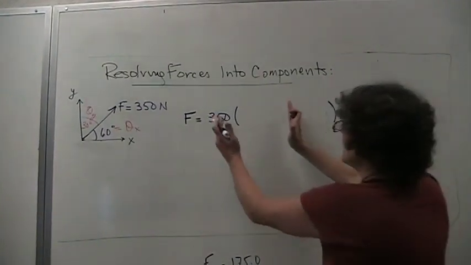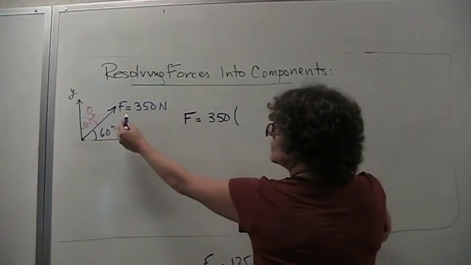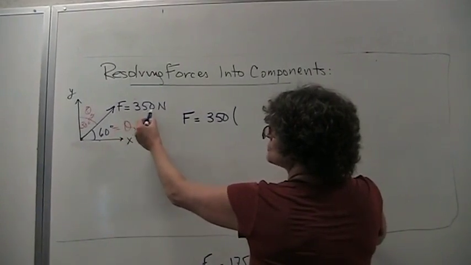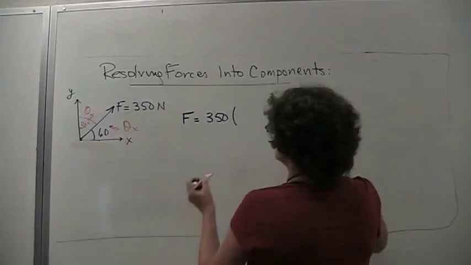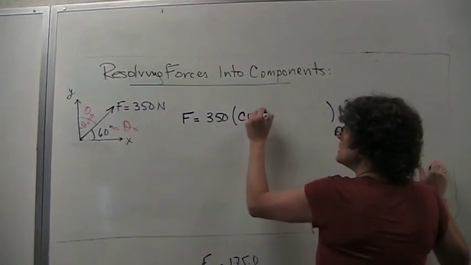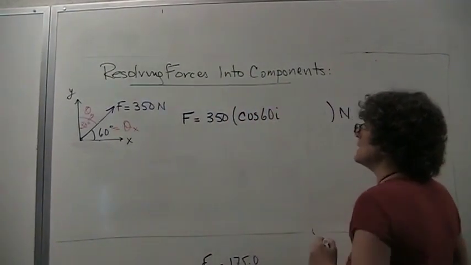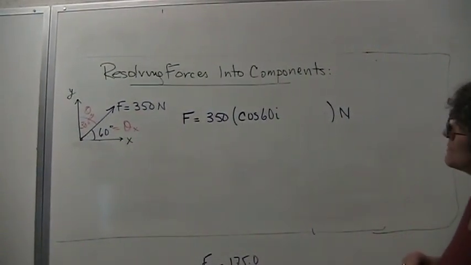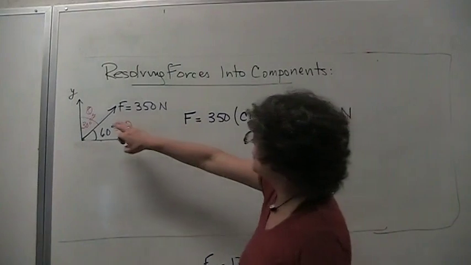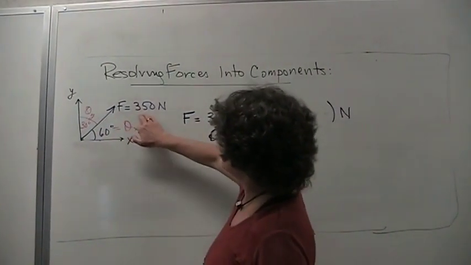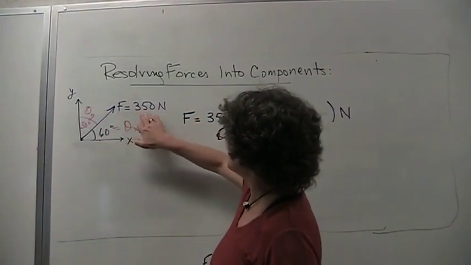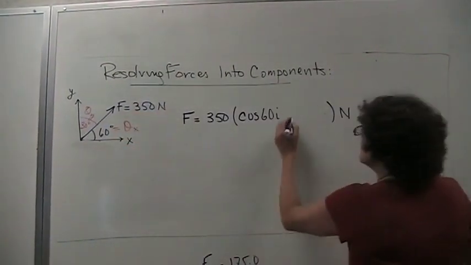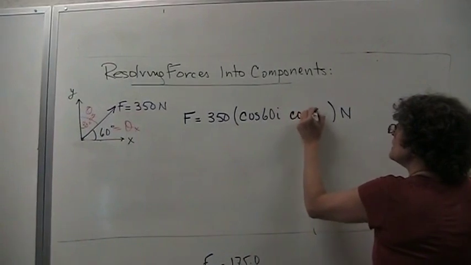And now I'm going to look at what is the x value. You're going to tell me that the x value of this force is 350 newtons times the cosine of 60 degrees. So I'm going to put the cosine of 60 degrees here, and I'm going to put i. Remember, i represents the vector in the x direction. Then for the y component of the force, it's going to be 350 newtons times the cosine of 30 degrees.